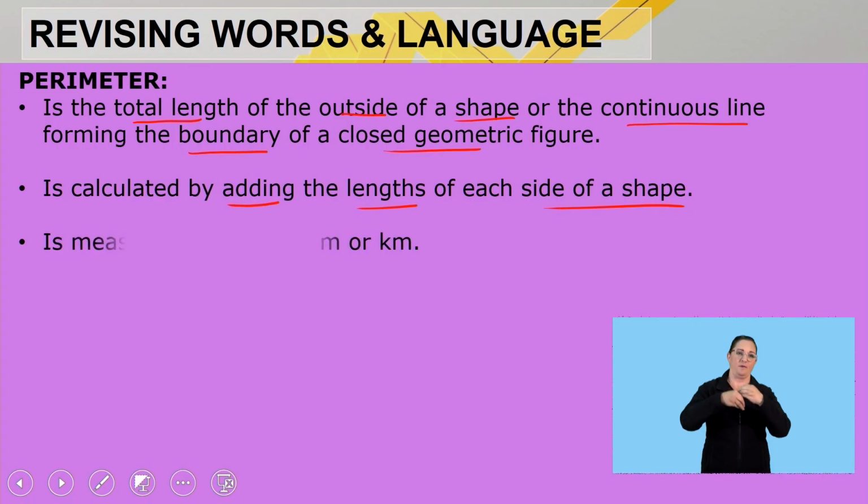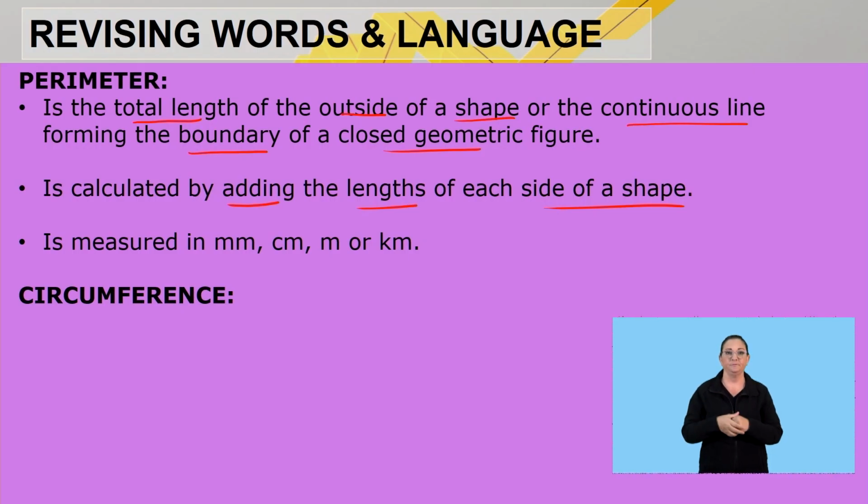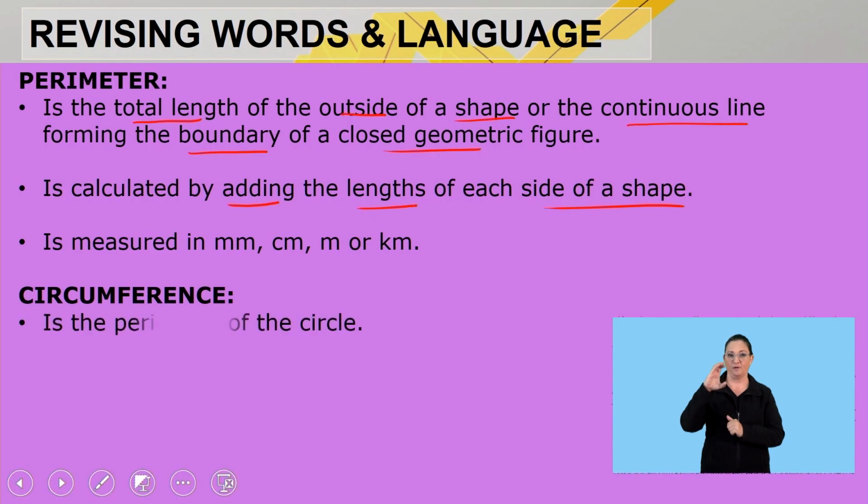It's measured in millimeters, centimeters, meters, or kilometers. This we call the unit, one-dimensional. Then circumference. What is circumference? Circumference is the perimeter of a circle, so basically the distance around a circular object. Guys, are we clear on that?